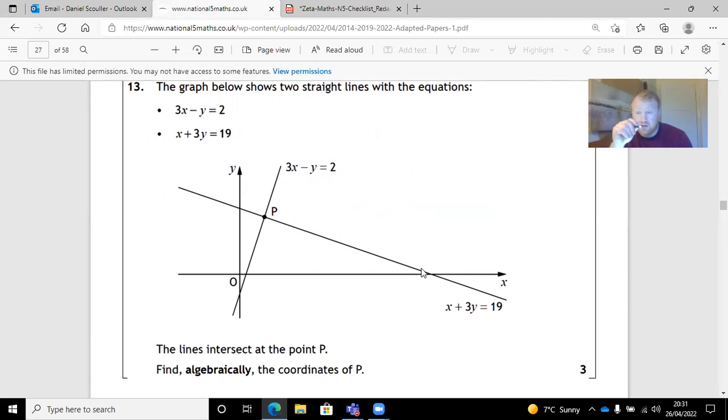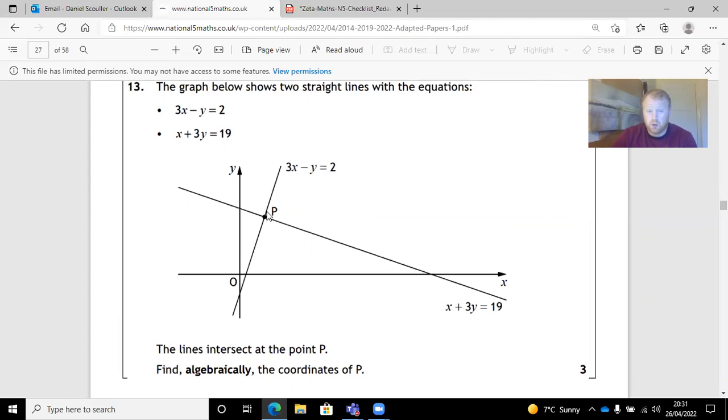Okay, so this is simultaneous equations. What it's asking you to find out is at what point on the x-axis is x the same for both the lines, and at what point on the y-axis is it the same for both the lines.